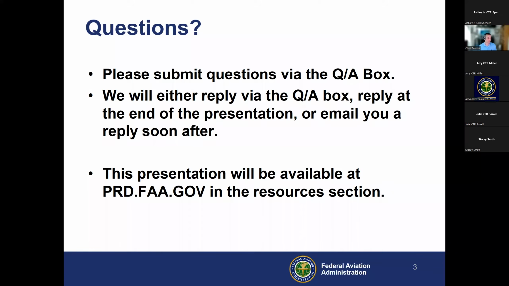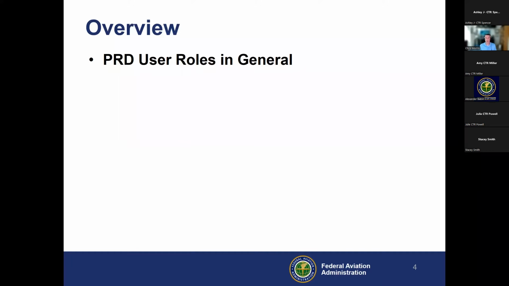So let's go ahead and get started. Here's the overview of what we're going to discuss. We'll talk about user roles in general, some things that apply to all the different users. Then we'll go into more specifically the different types of operator user roles that are available.